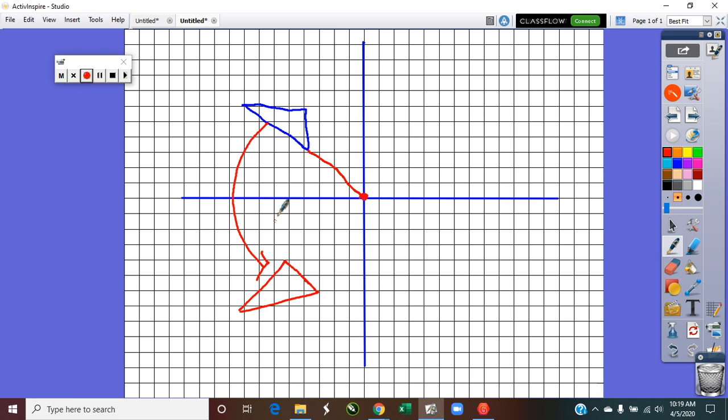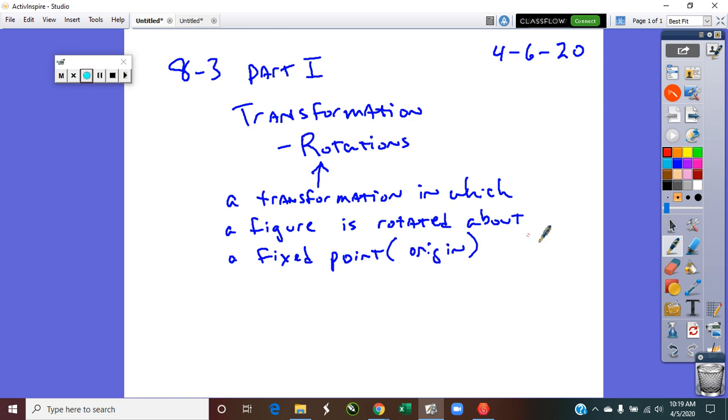Or if I was to go 180 degrees and keep going this direction, it's hard to draw, but I want you to envision like you've got a string connected to an object. Now, when we do this, there are some rules that we're going to have to keep in mind.